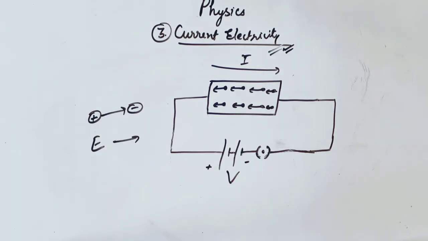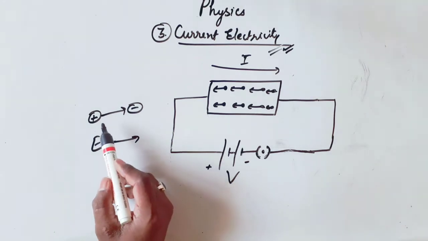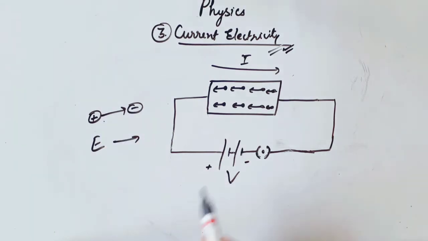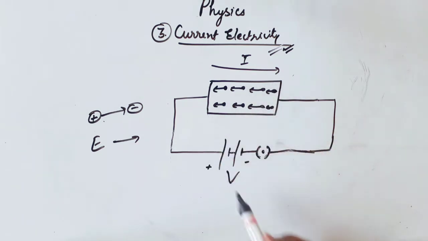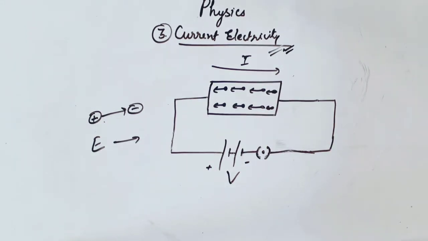And the direction of the electric field is always from positive to negative. So these free electrons will move towards the positive terminal of the battery, and in the opposite direction the electric current will flow.